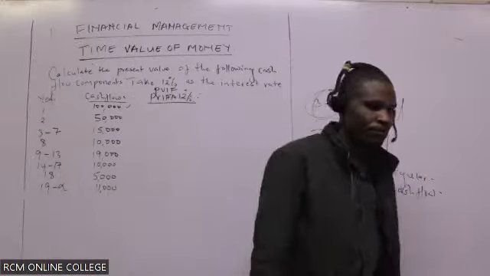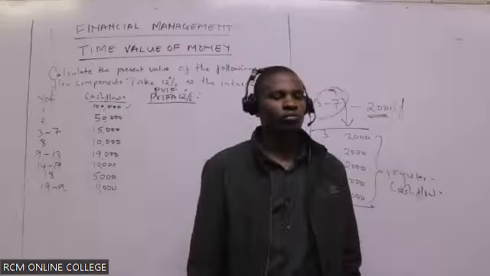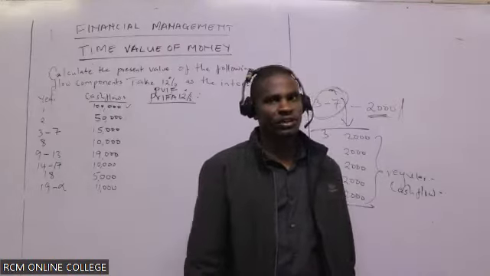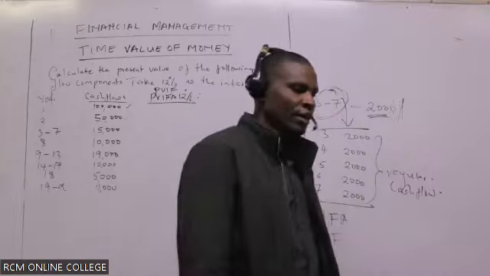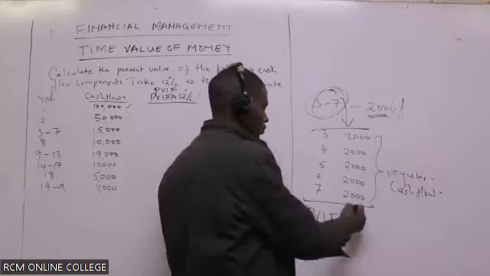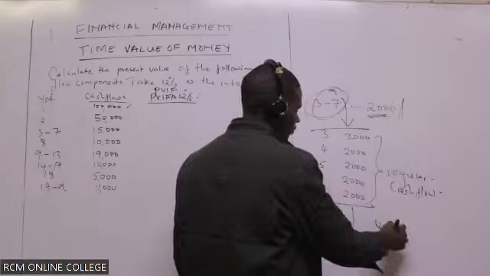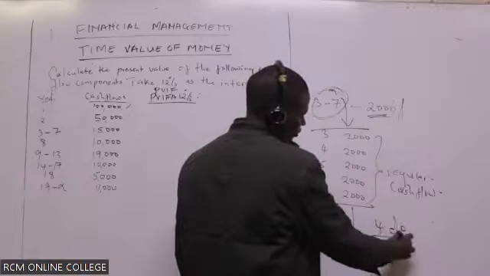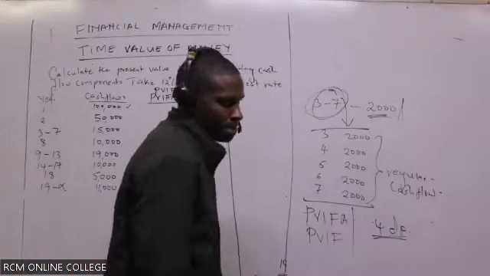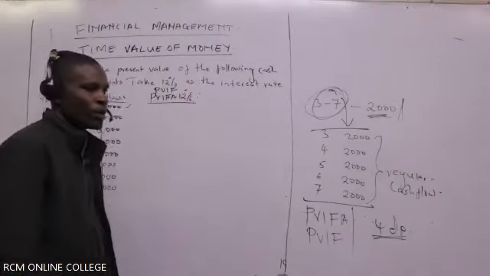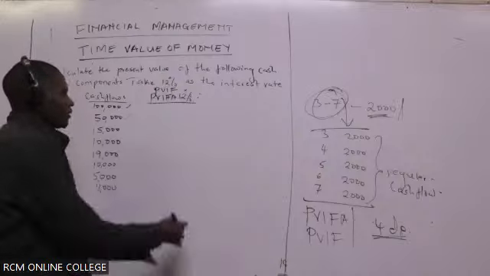Use a table, use a calculator, whichever. Bora to arrive at the same. When you use a calculator, please make sure that you indicate to 4 decimal places. 4 DP. 0.8929.